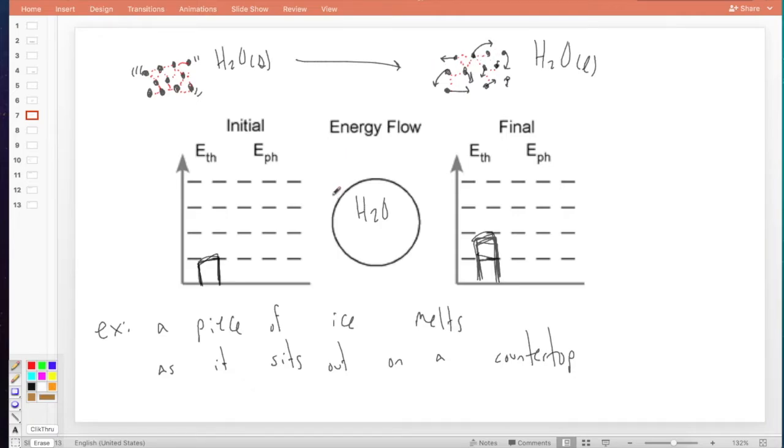So let's think about this. The phase energy of a solid, do you remember what we said about that? Yeah, this is a type of potential energy due to the arrangement of particles in the substance, due to the effectiveness of the intermolecular force. So the intermolecular force here is very strong and effective, locking these particles into place, holding them in an orderly arrangement.